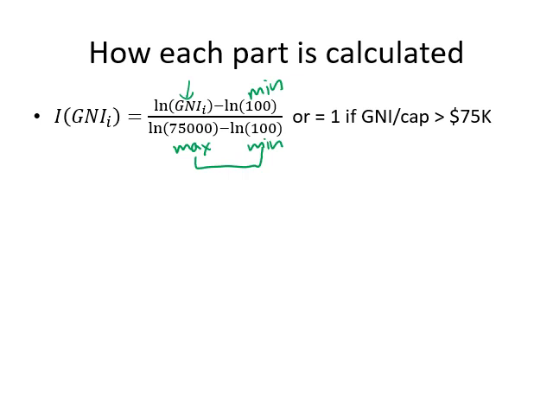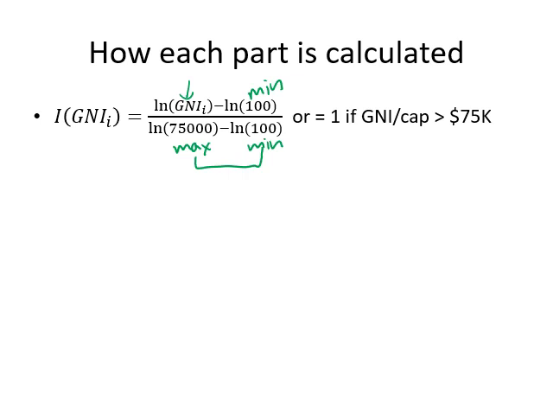So at the time when they were starting, no country was below 100. So 100 was kind of a theoretical minimum. There wasn't an actual minimum, and they don't change this every year as the lowest country changes. Then 75,000 was the number they came up with for the max. Beyond 75,000, maybe we don't really care if the country gets higher income. That was the idea.